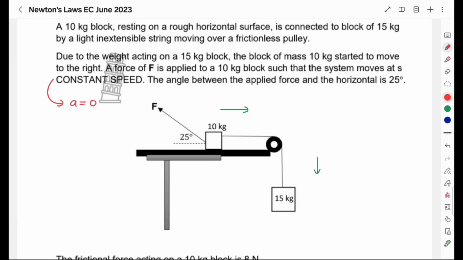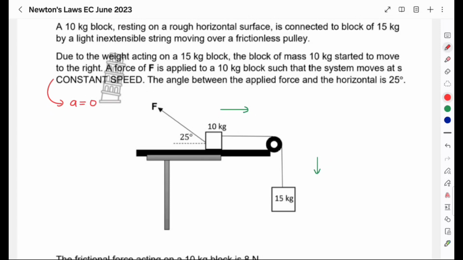Because our applied force is inclined, it is going to have an x and y component. Now, something that is very important to take note of is when dealing with a pulley, your direction is important. Don't just take any direction as positive. Always take with the direction of motion as positive or against the direction of motion as positive.